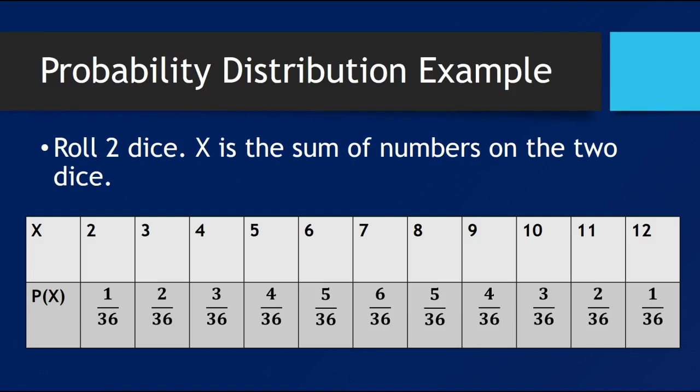So scrolling back to that probability distribution example and finding the probabilities, we see that a 6 has 5 of the 36 possibilities, an 8 has 5 out of 36 possibilities. So together, they'd have 10 out of 36 possibilities. The 7 would have 6 out of 36 possibilities, and then we can calculate the rest from there.